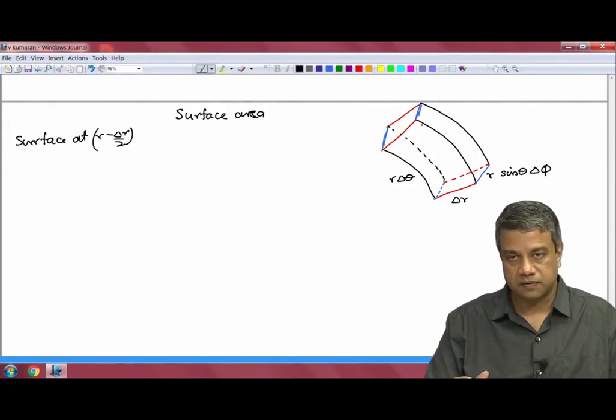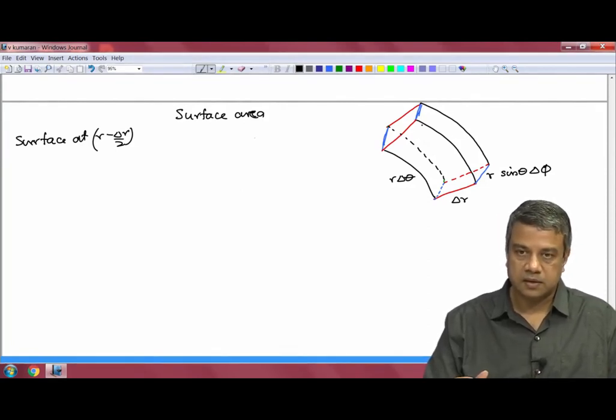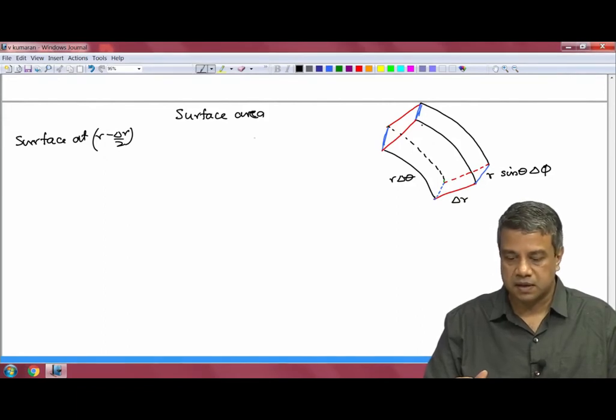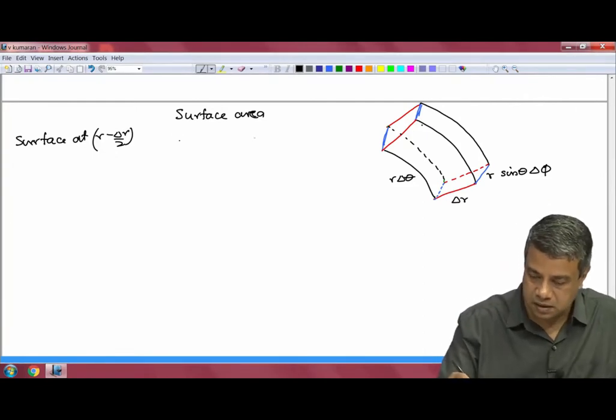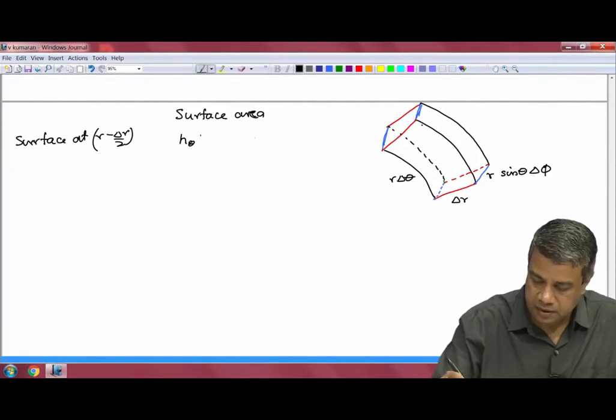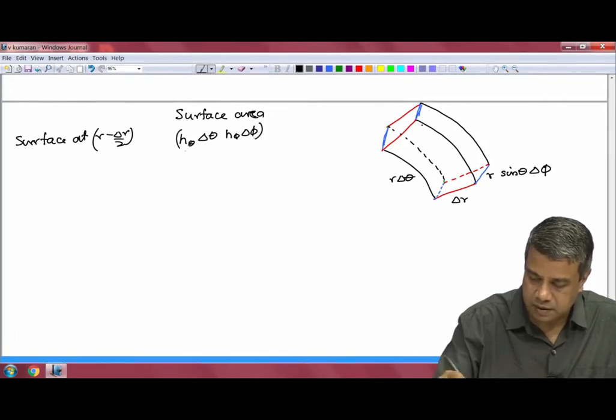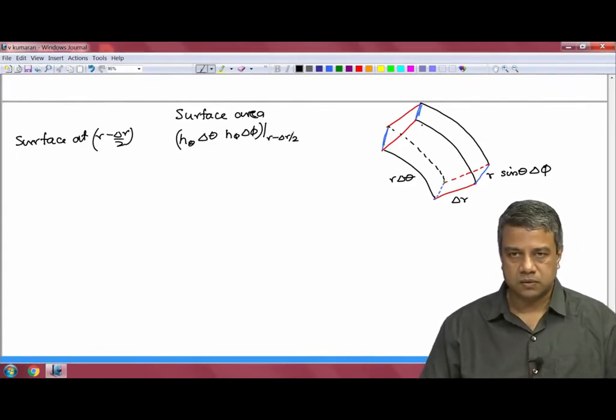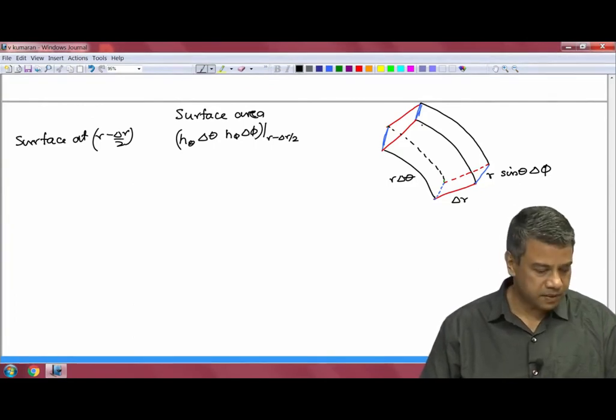The 2 incremental distances perpendicular to the r direction are h theta delta theta into h phi delta phi, at r minus delta r by 2. Those are the two displacements perpendicular to the coordinate direction at the surface at r minus delta r by 2.